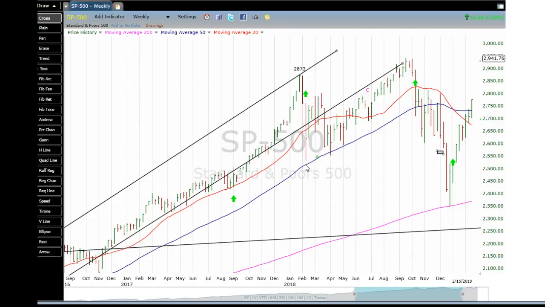In fact, the 3-week chart doesn't actually turn down until December 2018. The first time the 3-week chart turns down in all of 2018, since this turned down here actually in August of 17, is where this little box is here.